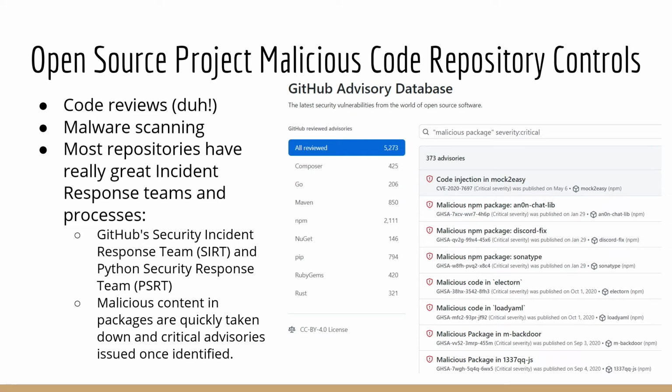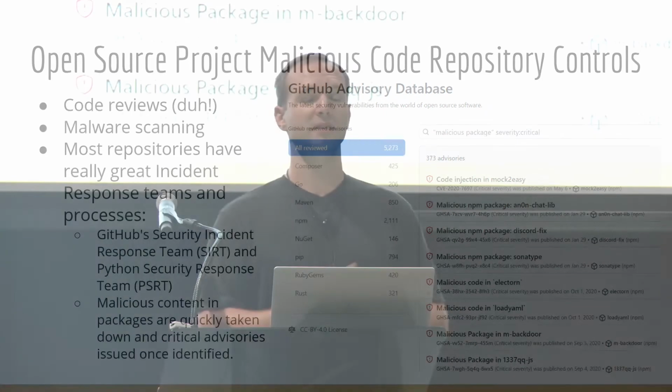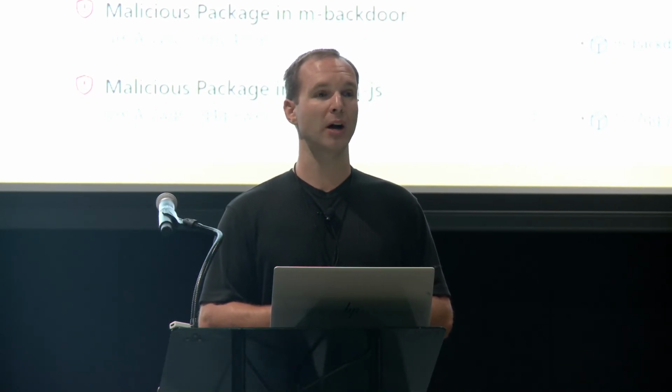But what I was really proud and excited to see in my research is that most repositories have really good IR teams. GitHub's incident response team and PyPI's Python incident response team all have processes to quickly respond once malicious code is identified and notified. So they have quick takedown processes, advisory processes, and alerting processes to let downstream projects know of the malicious code.